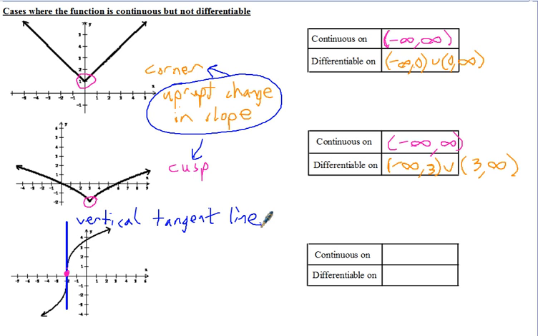And when you have a vertical tangent, any vertical line, remember, the slope is undefined.